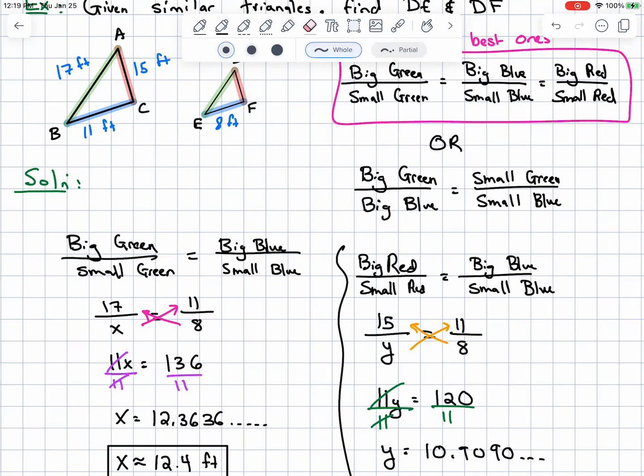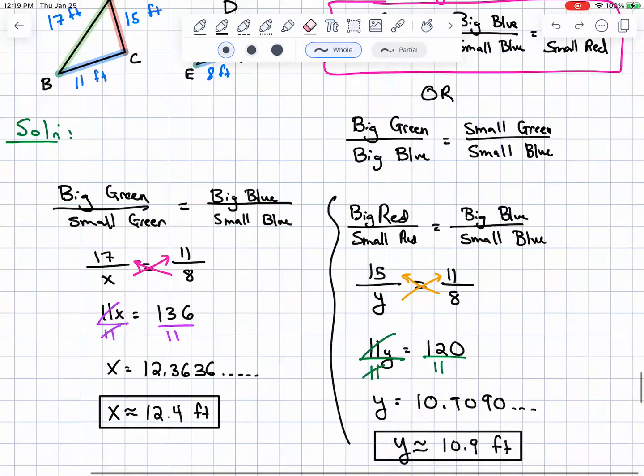If you don't say what x and y are, I have no idea what they are. Is x DE or is it DF? I don't know. So if you don't label it on your picture, then you have to write DE equals and DF equals. But if you do label it like I did, then you can just say x equals and y equals. So it depends, I guess, is the answer.